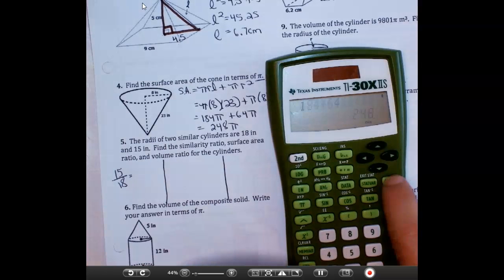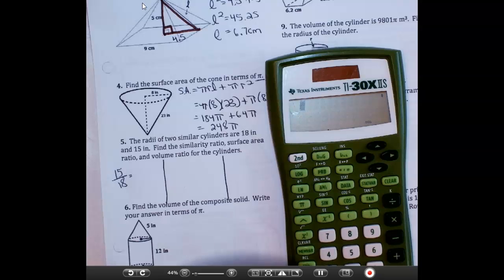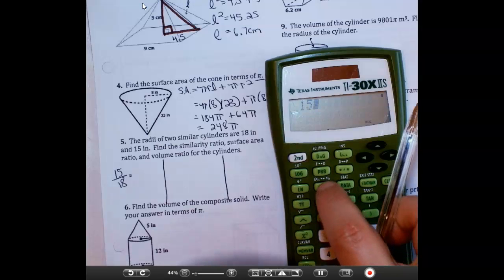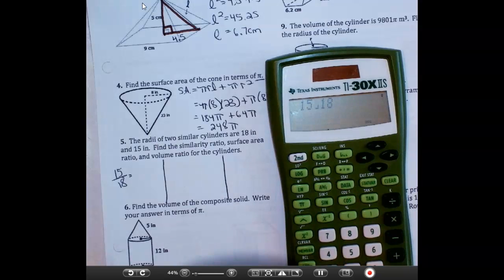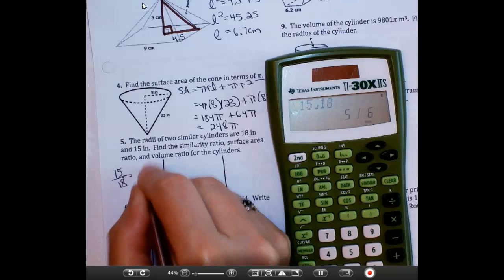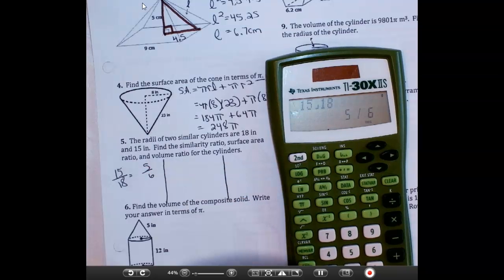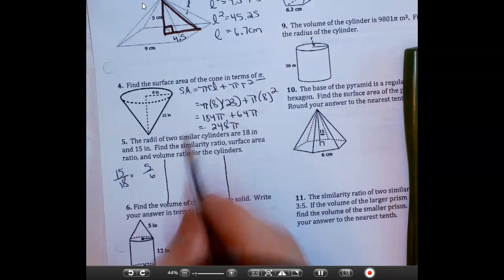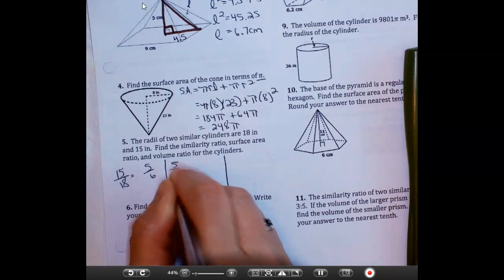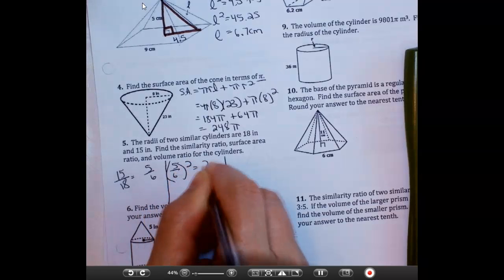And one other thing I'm going to point out is my calculator. You should be able to reduce this, but you've had some that are pretty large to reduce. If you hit 15 fraction bar 18 and hit equals, it's going to automatically reduce that for you. Now to get from here to the ratio of their sides, we need to take 5 over 6 and square it.